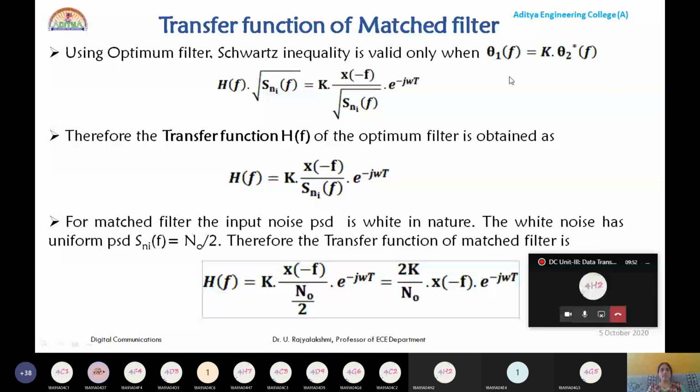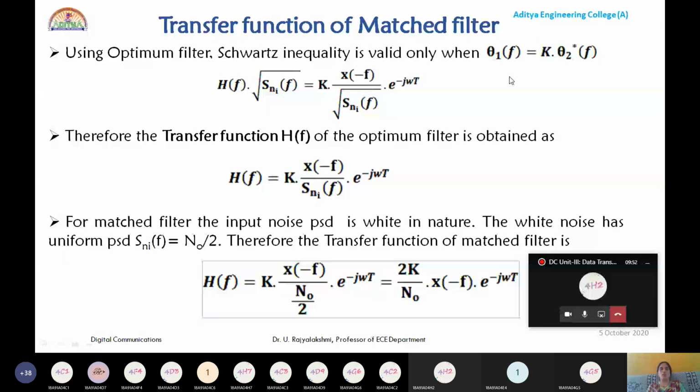That's why we get 2k by n0 into x of minus f into e power minus j omega t. Now, what is the transfer function of the matched filter? It is shown here. We just replaced Sni of f as n0 by 2 in the same expression of the optimum filter.